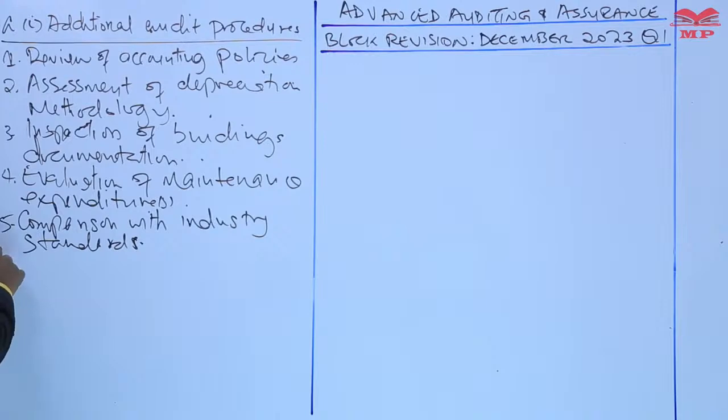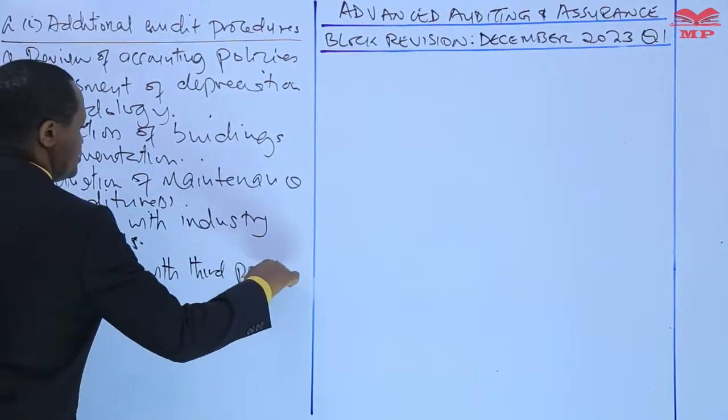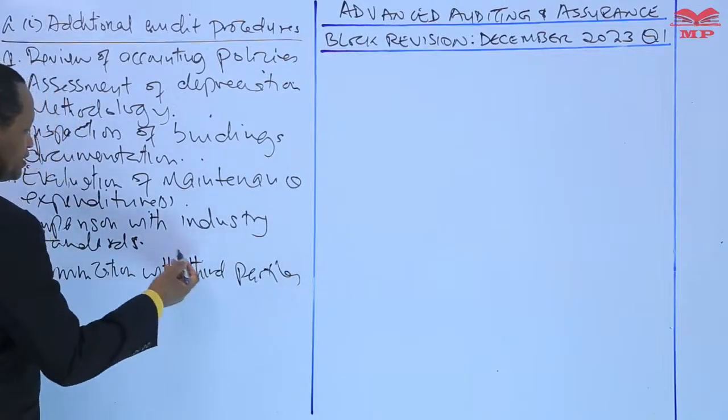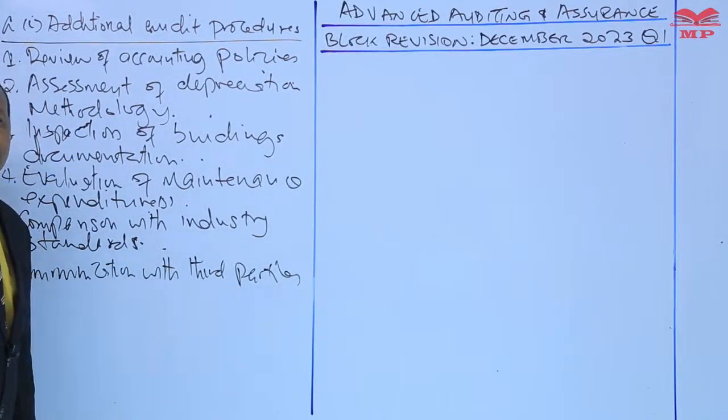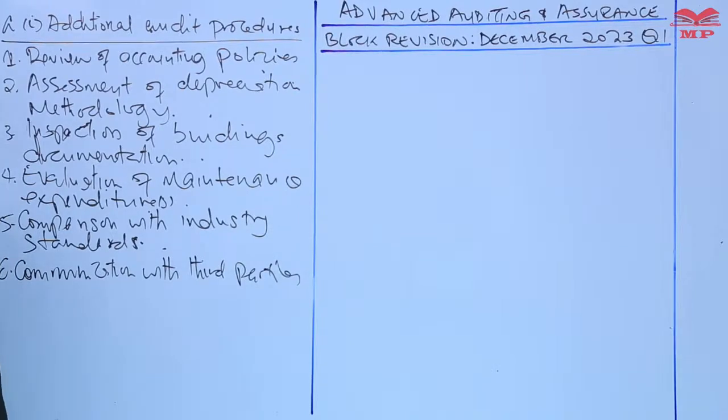Another procedure is in relation to communication with third parties. Communication with third parties. These third parties could be experts or independent appraisers, industry experts, and so on.